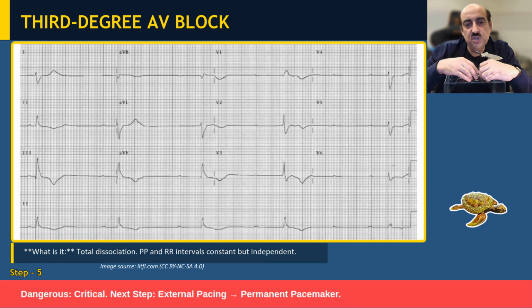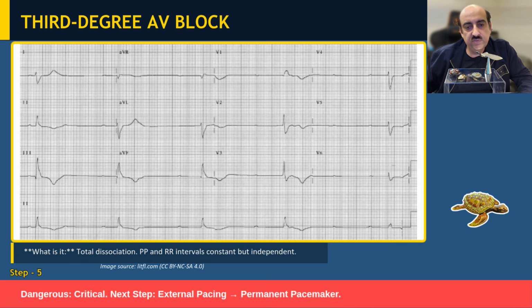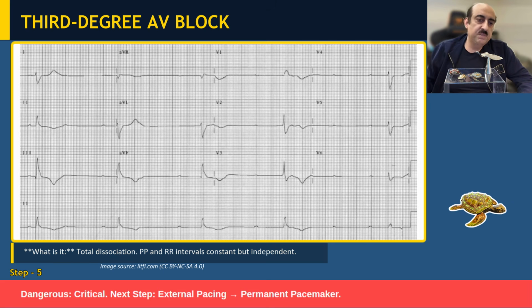There is no association of the P waves and the QRS complexes. There is complete dyssynchrony between the P wave rate and the QRS complex rate. This is a complete heart block, and you can also see the QRS interval is quite prolonged, which signifies the origin of the QRS waves below the bundle of His. External pacing with a view to permanent pacemaker implantation is the definitive treatment in such a situation.